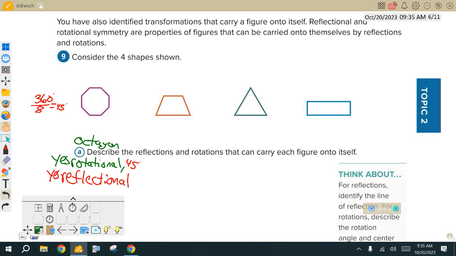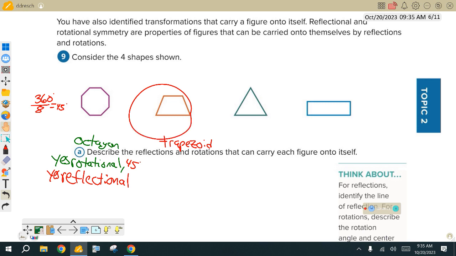Okay, what shape is up next? Appears we have a trapezoid. On the trapezoid, do we have any rotational symmetry happening? I don't think so. In order for that trapezoid to land onto itself, I would have to go a full 360.